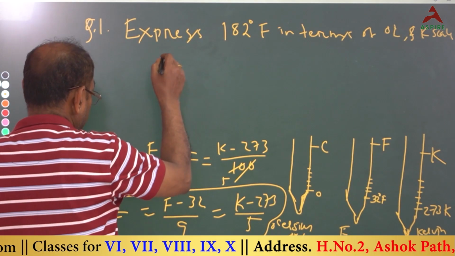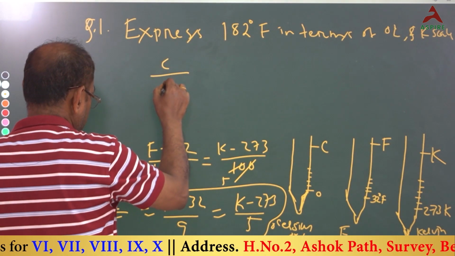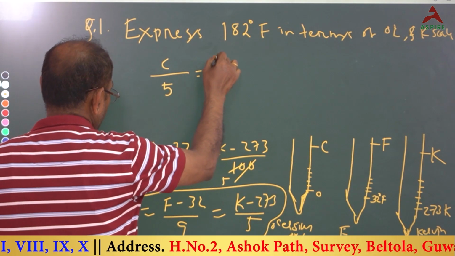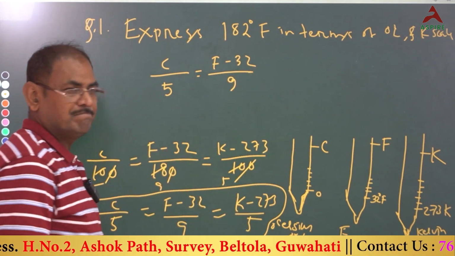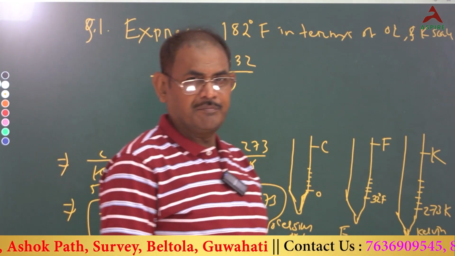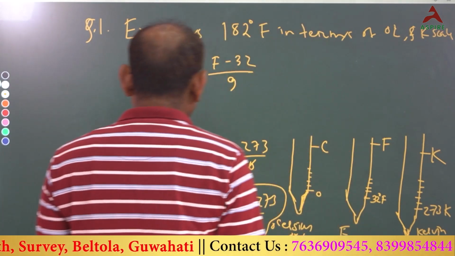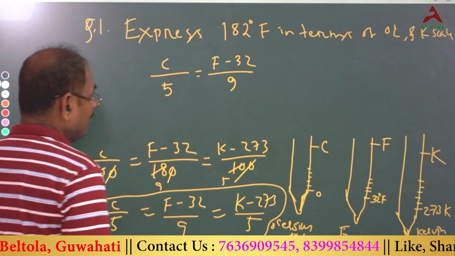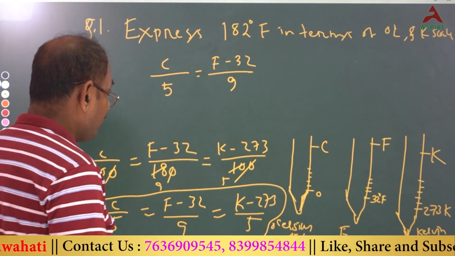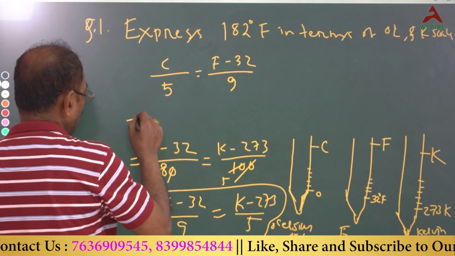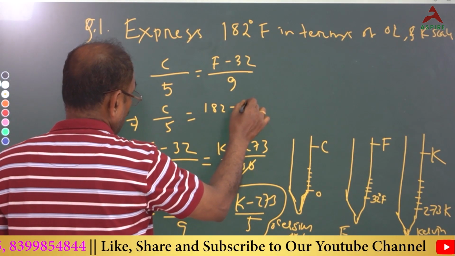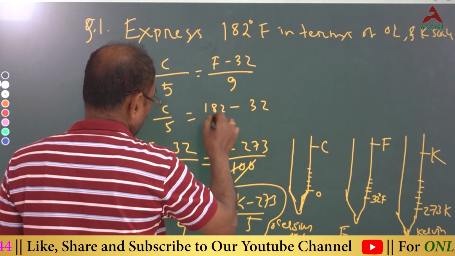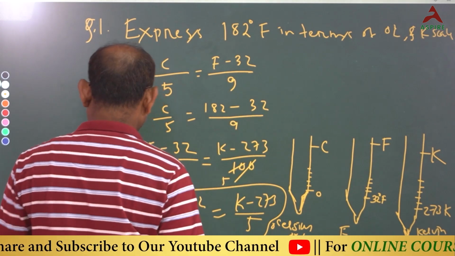The relation between degree Celsius and Fahrenheit scale is C by 5 equals F minus 32 by 9. Here F is given as 182. So C by 5 equals 182 minus 32 by 9.